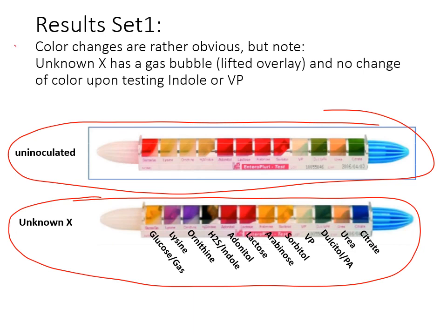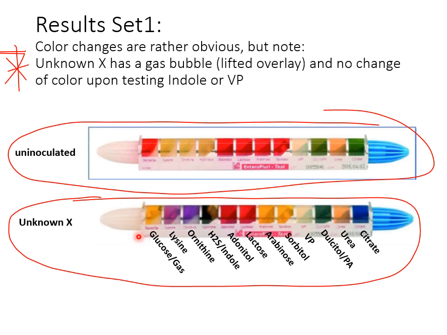Now it's very important to pay attention in the results set to what I wrote up top, because some of the results are going to be a little difficult to see. And so with that, I want to point out, for instance, gas. In this picture, it's tough to see whether or not there's a bubble.